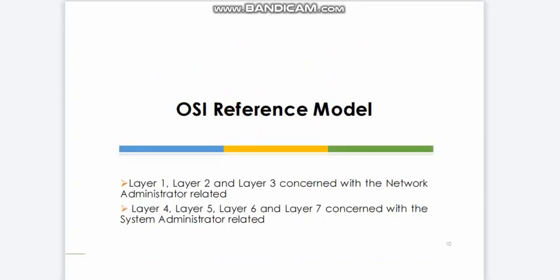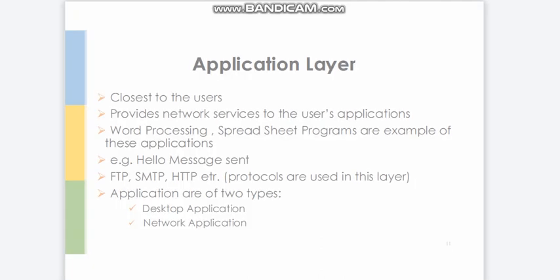Next, OSI reference model: Layer 1, Layer 2 and Layer 3 are concerned with the network administrator. Layer 4, Layer 5, Layer 6 and Layer 7 are connected with the system administrator.